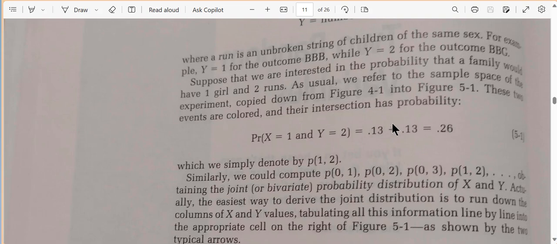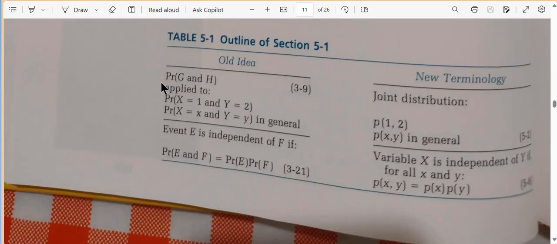Right? So what would this mean? X equals 0 and Y equals 1. So the old terminology was the probability of G and H, that's using events, or the probability that X equals 1 and Y equals 2. Those are referring to things basically as events, or the probability that X equals little x and Y equals little y.